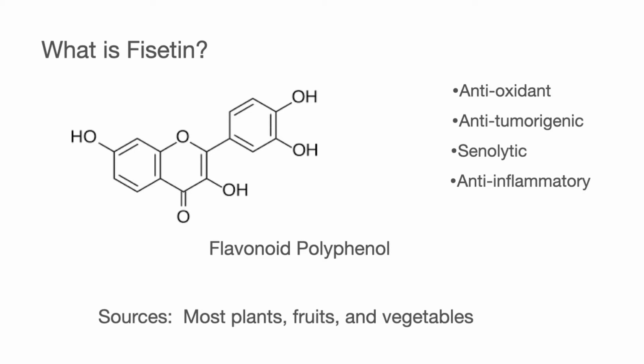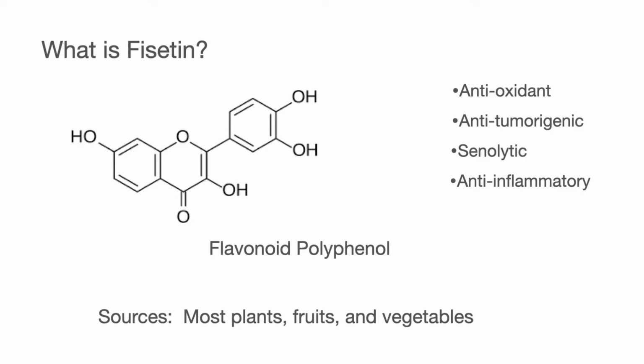So adding those types of foods to your diet is certainly the first step I would take in terms of trying to capture the antioxidant, anti-tumorigenic, senolytic, and anti-inflammatory benefits of Fisetin. Okay, the question is the bioavailability, and that's something we'll talk about down the road.